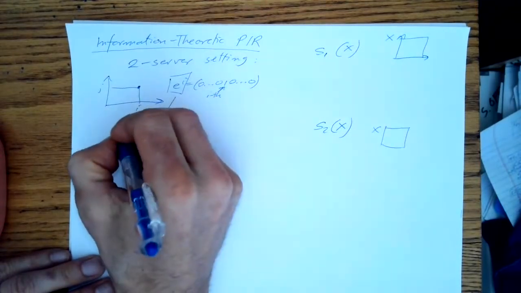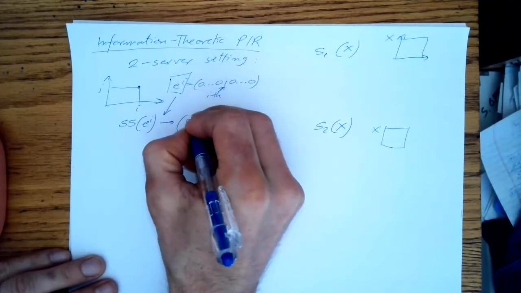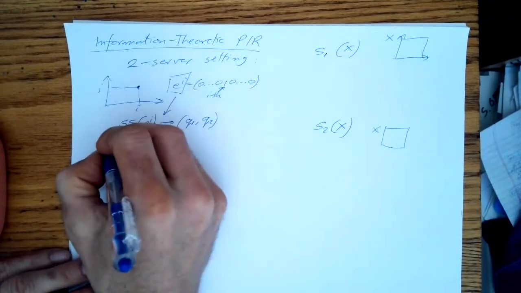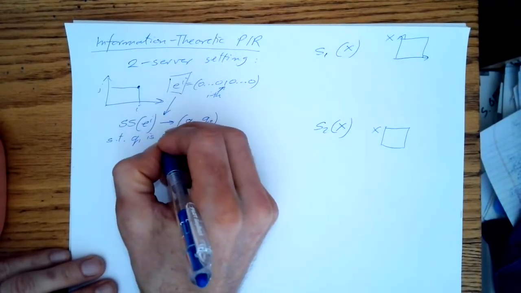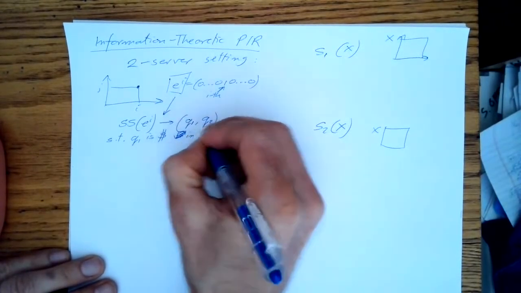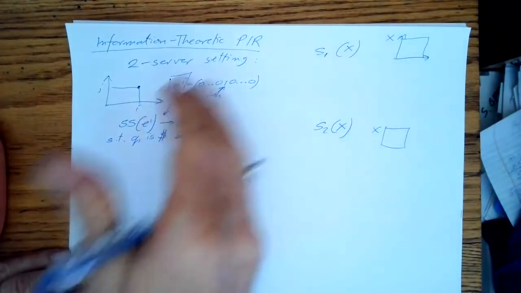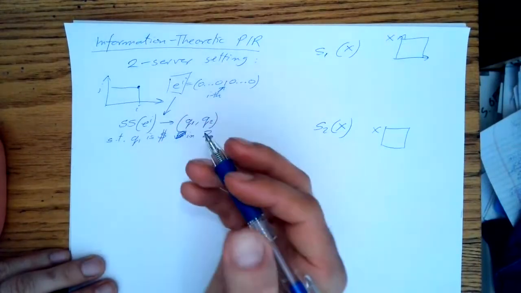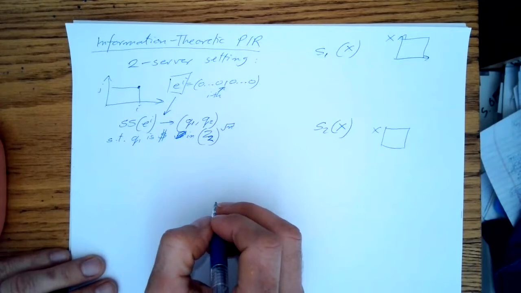So secret share EI to form two vectors, call them Q1 and Q2, such that Q1 is random, and we need to think of this as a field, so it's Z2, a binary field, of dimension square root n.